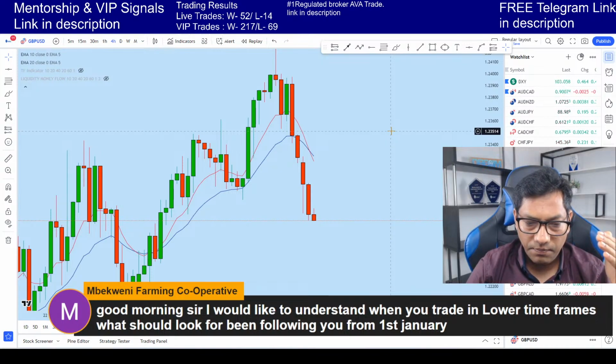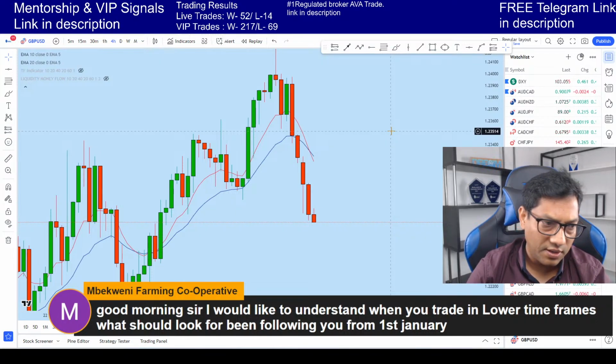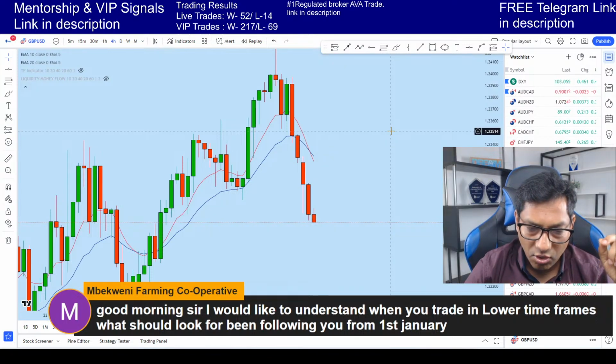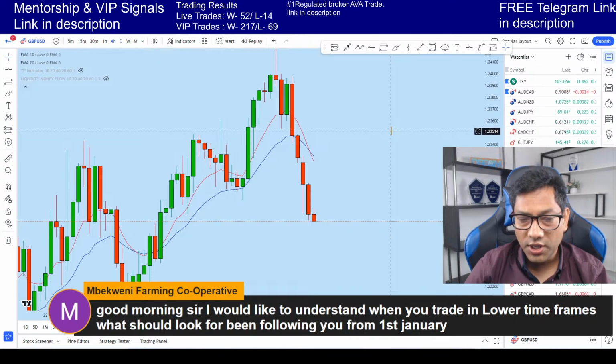Let's say I look at a 4 hour candle that is a bearish signal, a strong sell signal. Now I know that the next session the price will drop, and it may not drop straight away from where the previous candle has closed. What it could do is go up for a pullback.